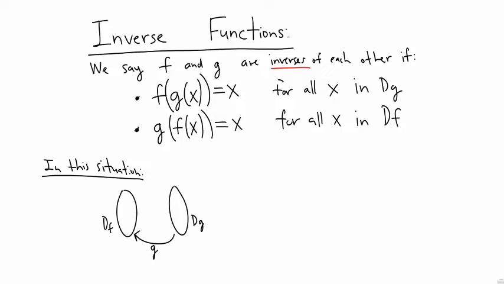And if I take any x in the domain of f, you look at the second line, f of x is in the domain of g, because I can form g of f of x. So we always have this picture.